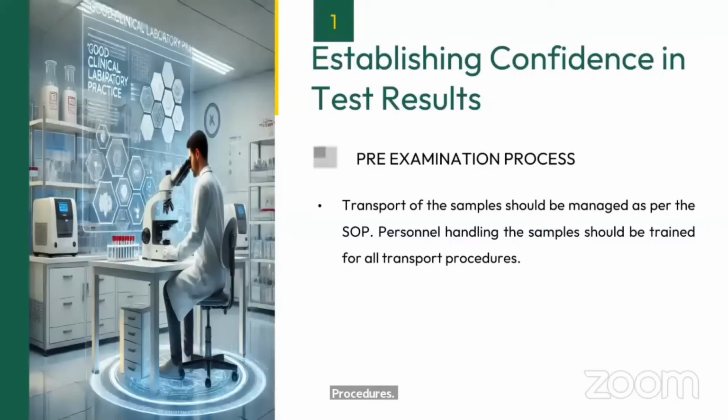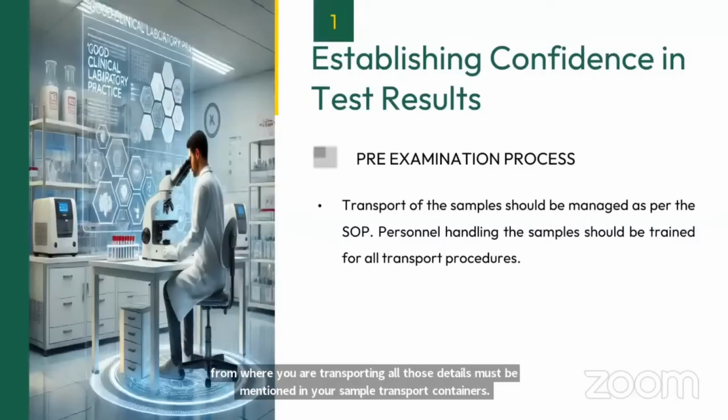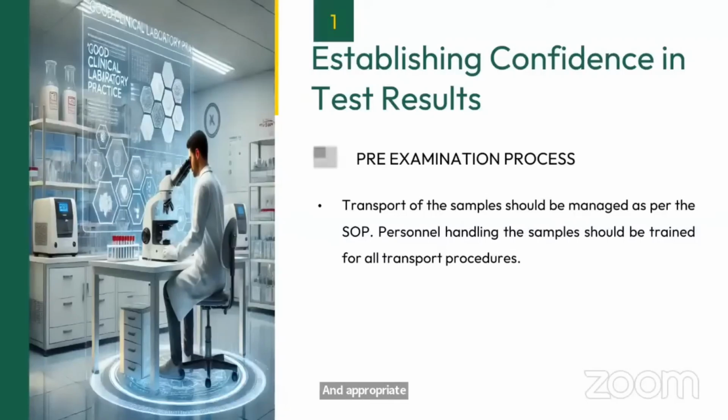You have to mention triple layer packing if you are transporting the specimens in the general public. There should be a biomedical hazard symbol. Appropriate address should be mentioned, like from where the sample is originating and where you are transporting it to. All those details must be mentioned on your sample transport containers.